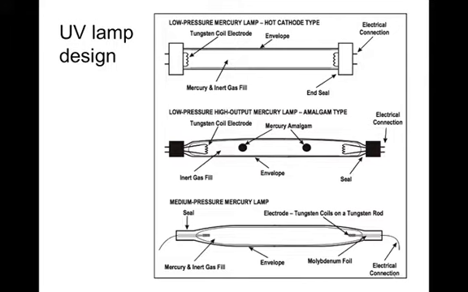The sleeve in UV lamps has to be quartz because regular glass absorbs UV 254. With fluorescent lamps, they use glass, and then there's an additional coating, which is why they always look white. That's a phosphor coating, which converts the UV 254 into visible light wavelengths. And because they can use glass, fluorescent lamps are cheaper than UV lamps.